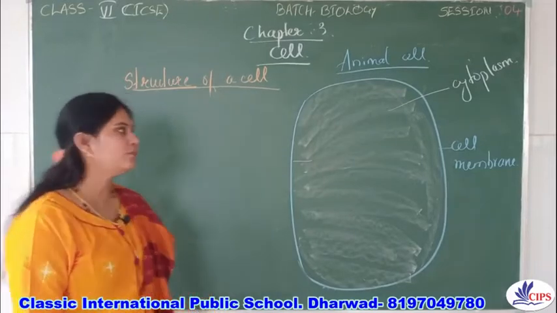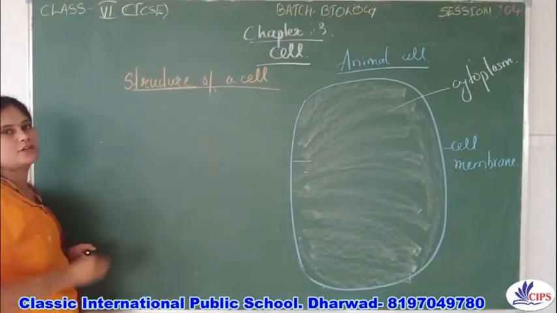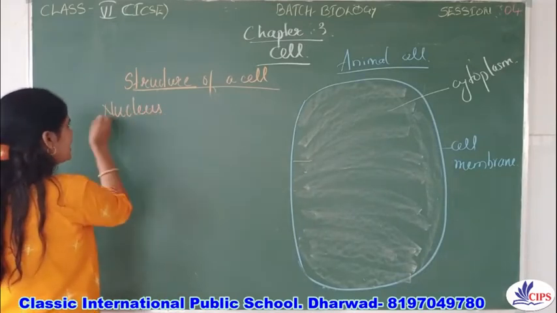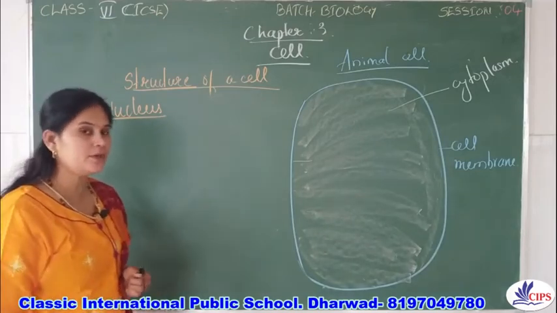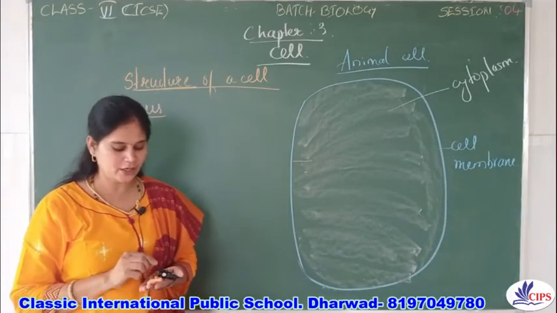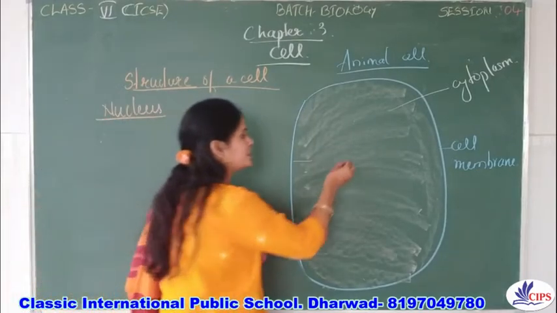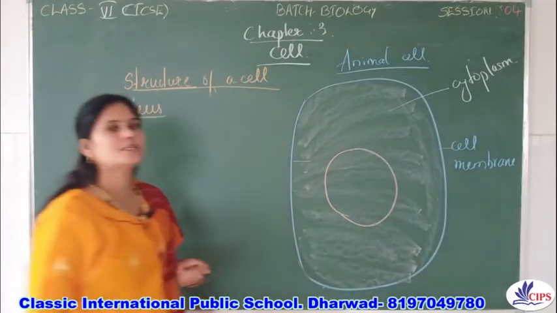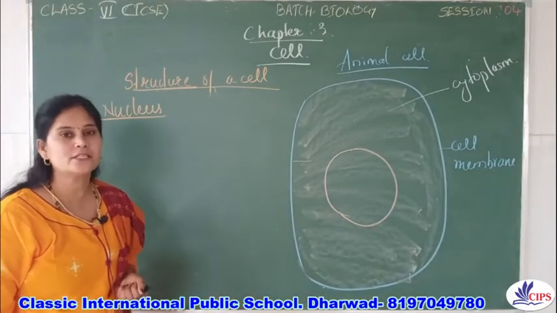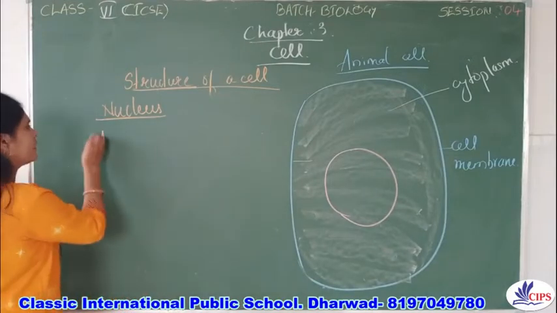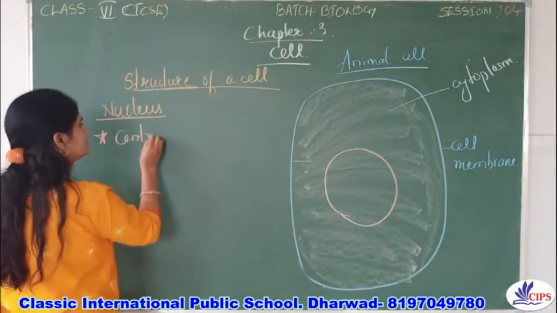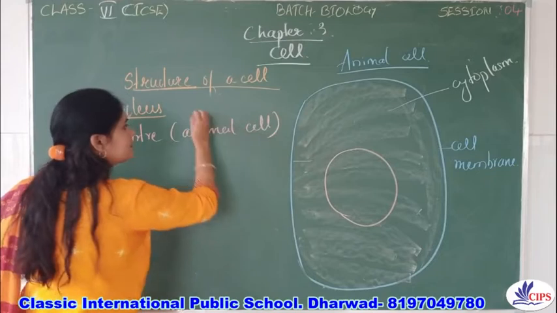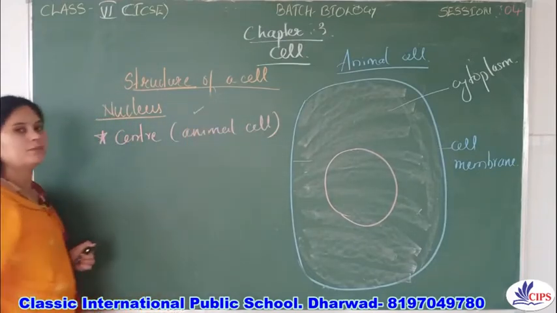So next we will move to another part of the cell, that is the nucleus. The nucleus in the animal cell, right children? The nucleus generally in the animal cell is present at the center. So let me write: nucleus is present at the center, and keep this in mind, that is in the animal cell.